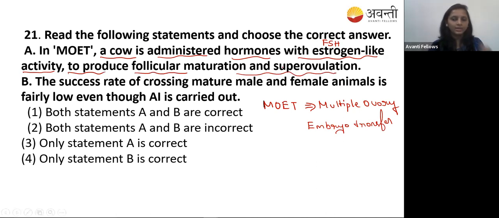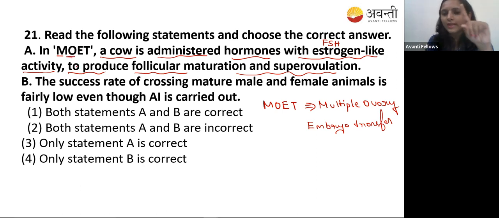What happens in MOET is that for the cow, we artificially inject the hormone FSH. What will happen now? Many ovaries get matured here, so that is why we call it multiple ovary.